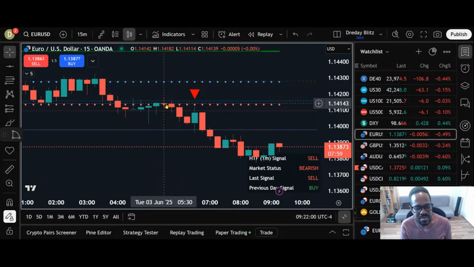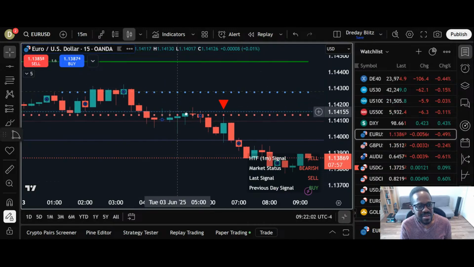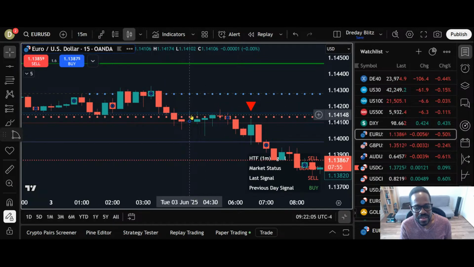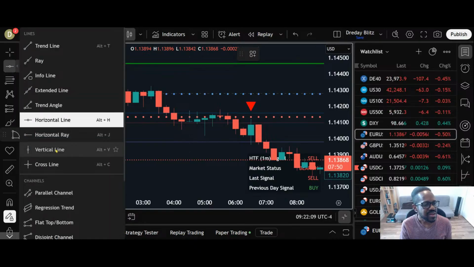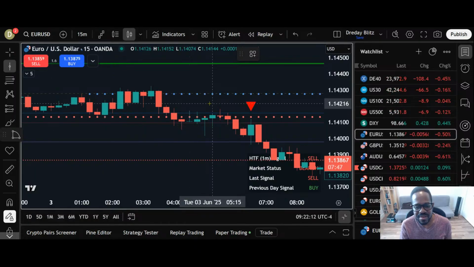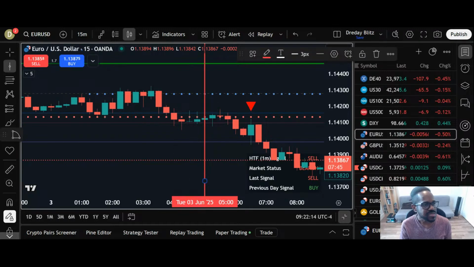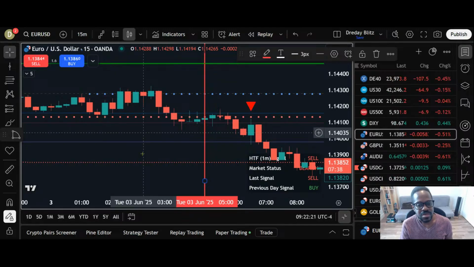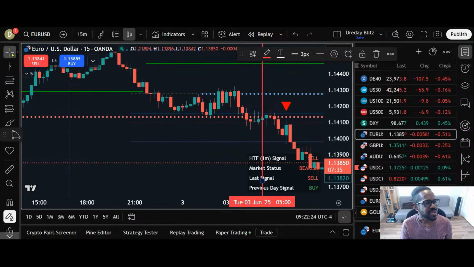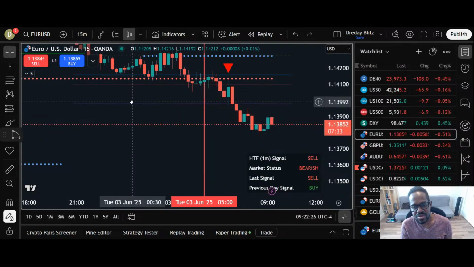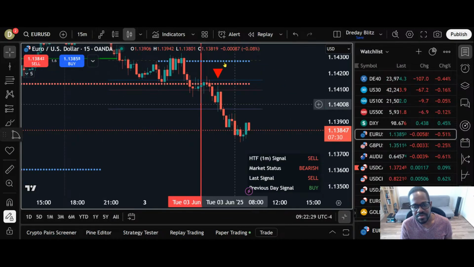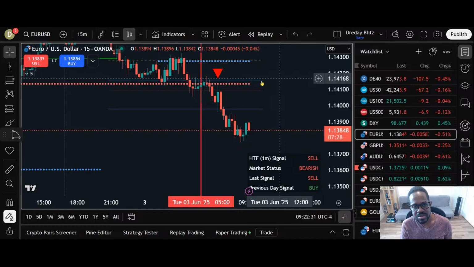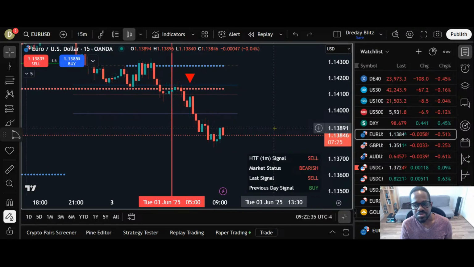So if we go off of 5, 5 was right here. This is when we got the news. And then the market started to go down. So we had a confirmation of selling off, it started to go down. So that's perfect.